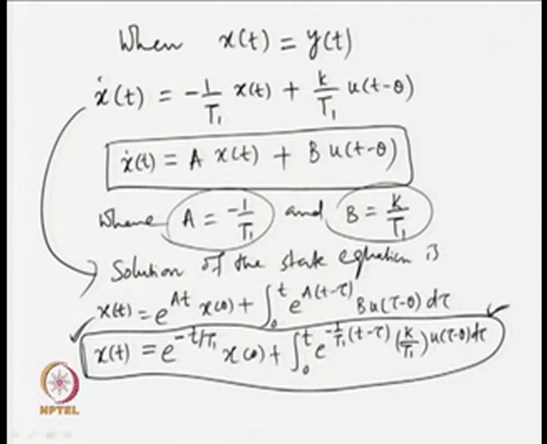Now, x(t) can further be written after simplification of the second term. What is that second term?